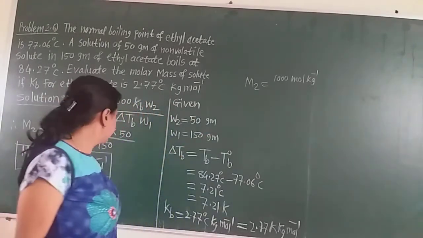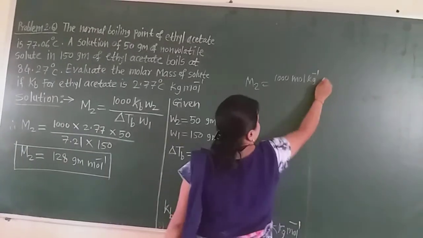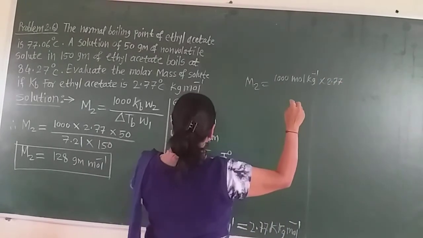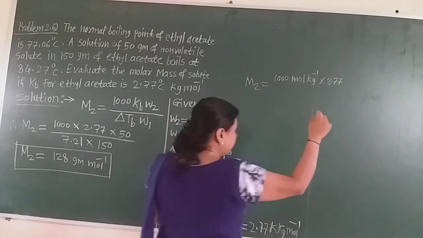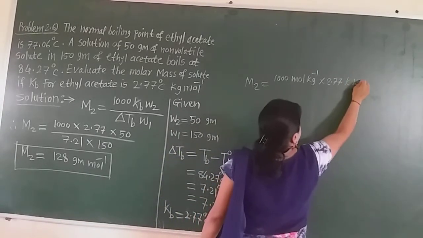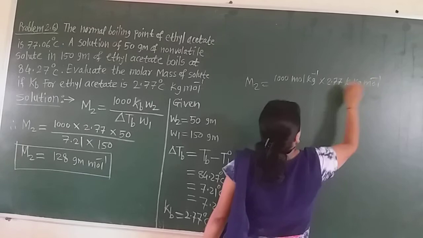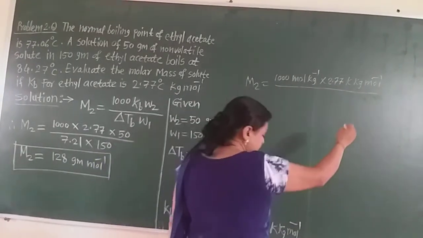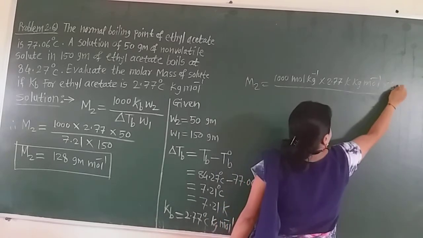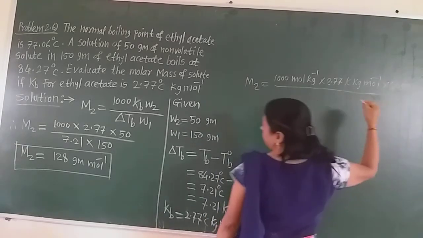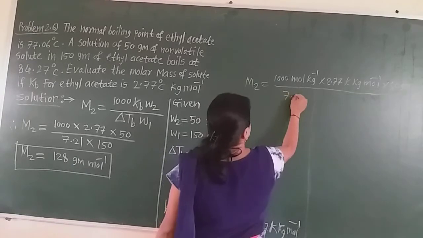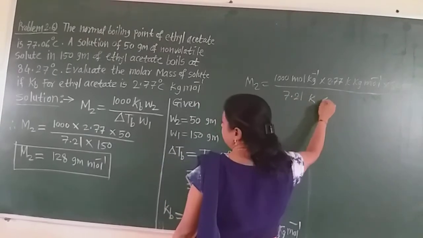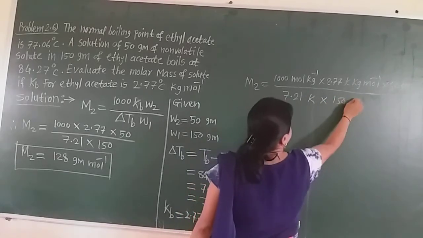So moles per kilogram into 2.77, which is in Kelvin kilogram per mole. The unit is of that. And again there is 50 gram, divided by 7.21, that is the difference in temperature, so it is Kelvin, and 150 gram.